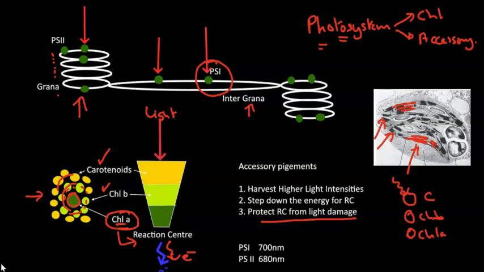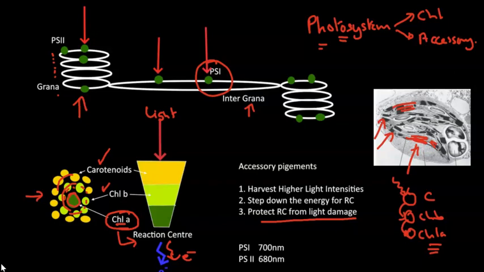The energy is then stepped down with the release of an electron, and energy is dissipated as it moves from one pigment to another, and by the time it's passed to the chlorophyll A, the electron is at an energy stage suitable that it will not cause damage to the chlorophyll A. So it's protecting the chlorophyll. The accessory pigments protect the central reaction center from high intensity light.